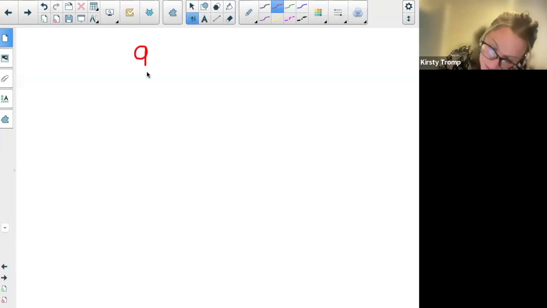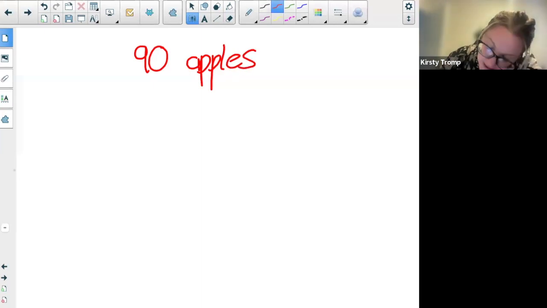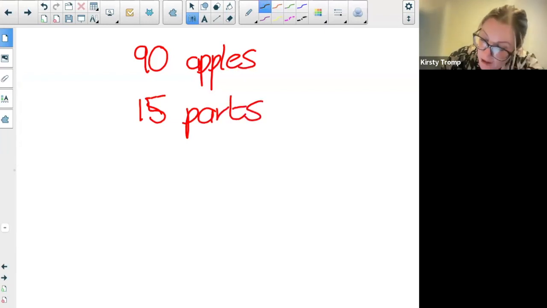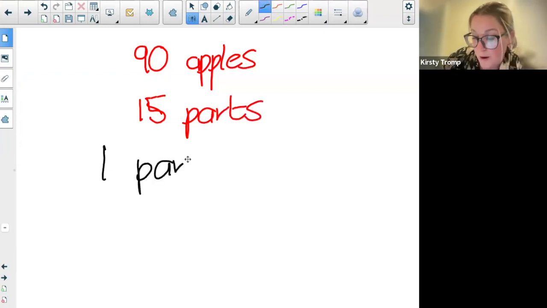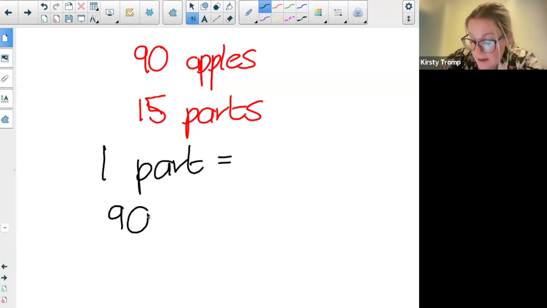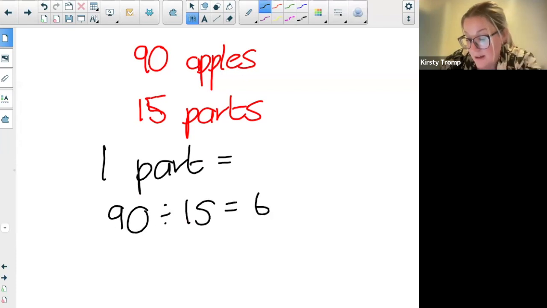So we had 90 apples. We worked out that we had 15 parts. And the first thing we needed to calculate was what was going to be 1 part. So to get 1 part, we would say 90 divided by 15 equals 6 apples.